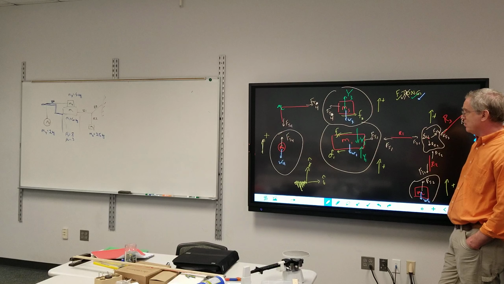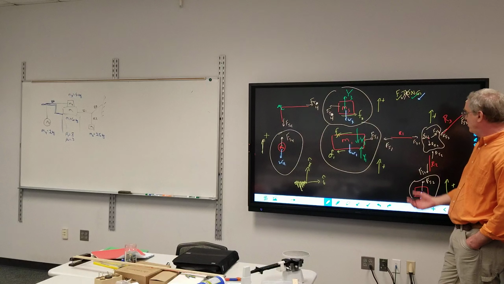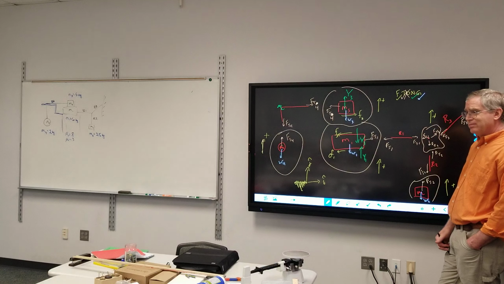All right, 8 equations of motion. I'll have 1 for mass 4, 1 for mass 2, and 2 for the other 3 things. Do we need to do all the equations of motion? Are you thinking about taking shortcuts?